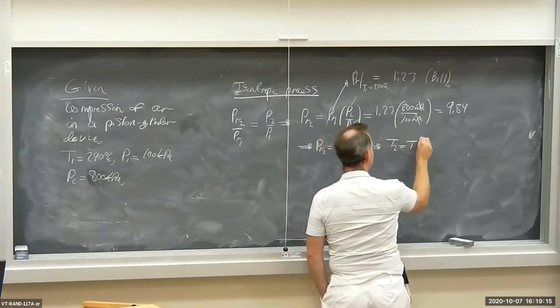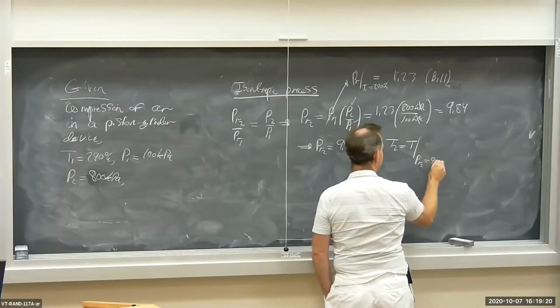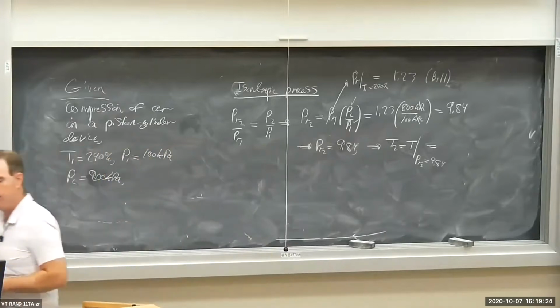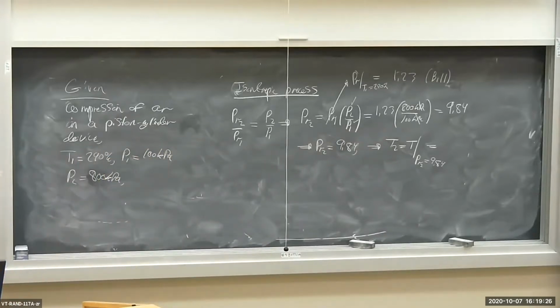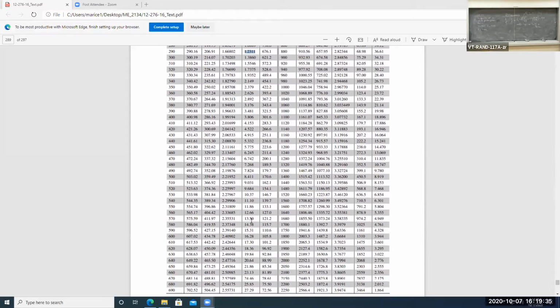T2 is T evaluated at PR2, which is 9.84. Let's see if we can eyeball the temperature in the IGB tables. Let's look for 9.84 in the IGB table. Here's 9.68. Here's 10.37.